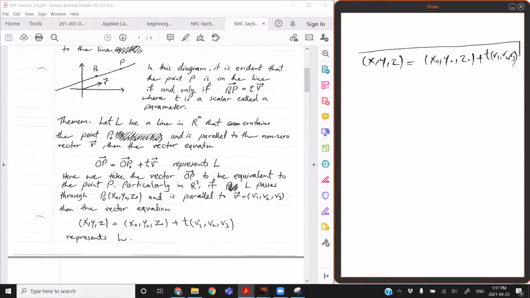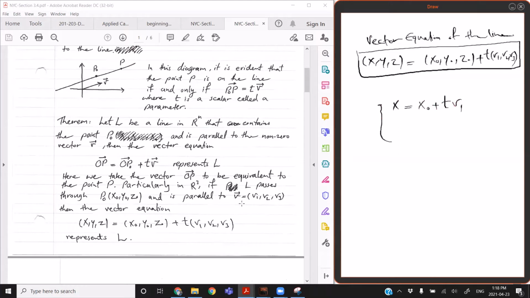What is this? This is called a vector equation of the line. This is a vector equation of the line that passes through this point and is parallel to this vector. Now, you can see that this is equivalent to saying that x is x0 plus t v1, and y is y0 plus t v2, and z is z0 plus t v3.